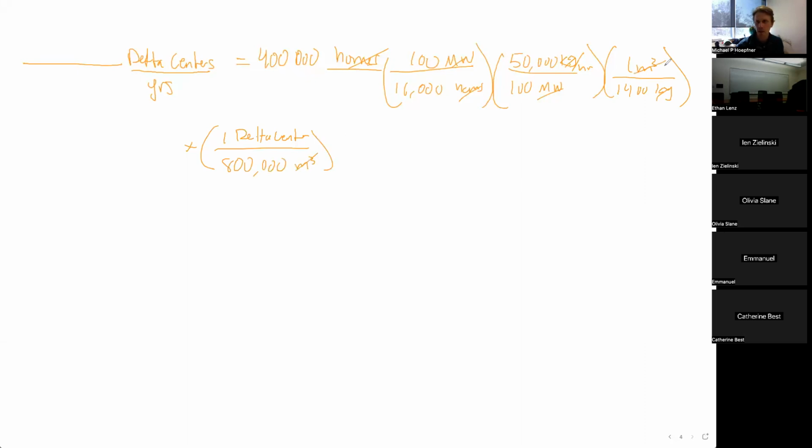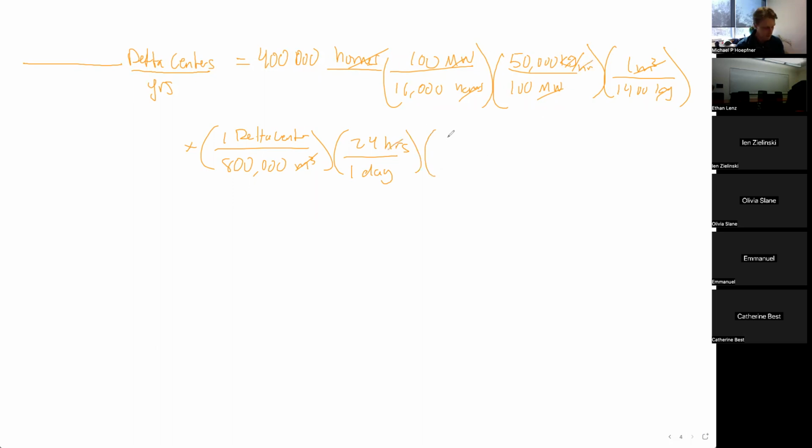Now I have delta centers per hour, and I need to convert this to days. 1 day is 24 hours, because this is in the denominator, that cancels with that.